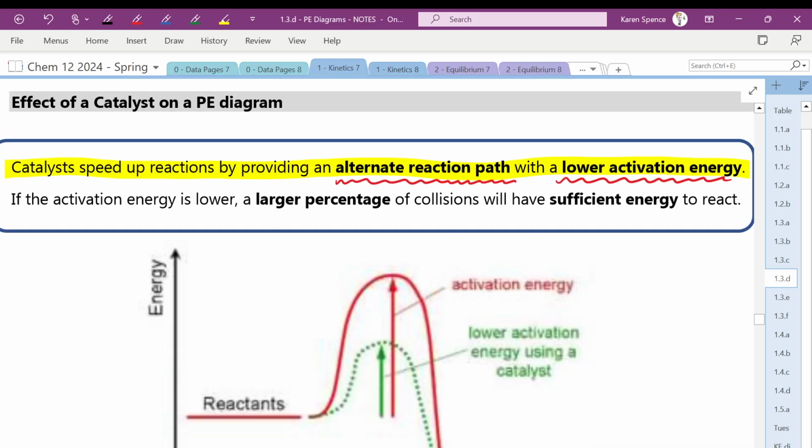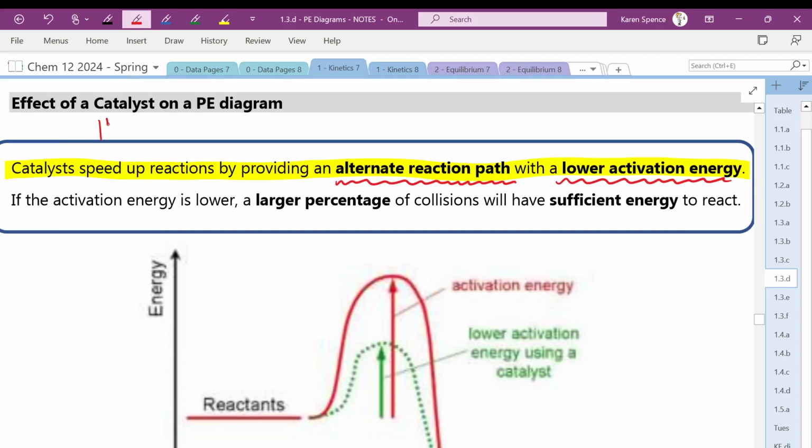Okay, so if you're explaining how a catalyst works, you need to have 1 and 2 in the explanation.